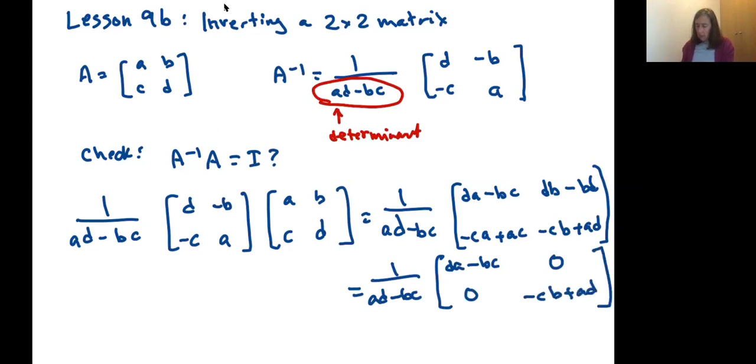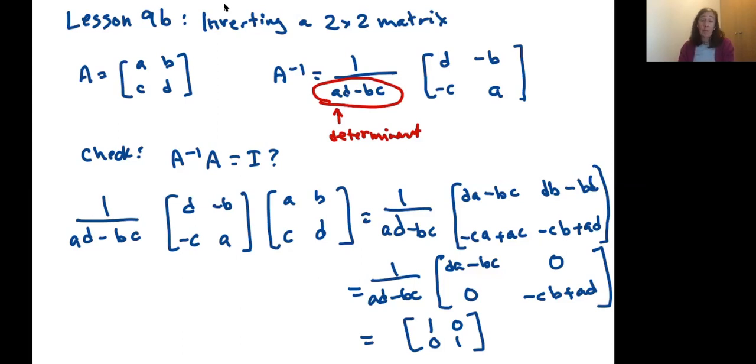And now when we go through and do the scalar multiplication, we see that we do indeed get 1, 0, 0, 1 here, that we've just got AD minus BC written a slightly different way here and here, but the formula did work. We did get back to the identity matrix, which is what the inverse should do.